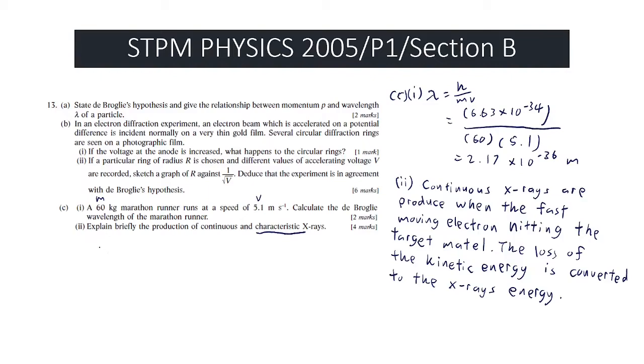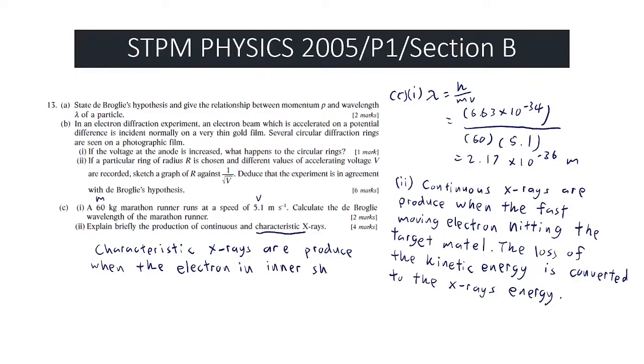For this characteristic X-ray, they are produced when the electron in the shell gets knocked out by the incoming electron.